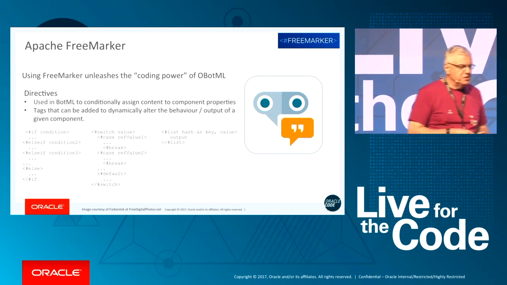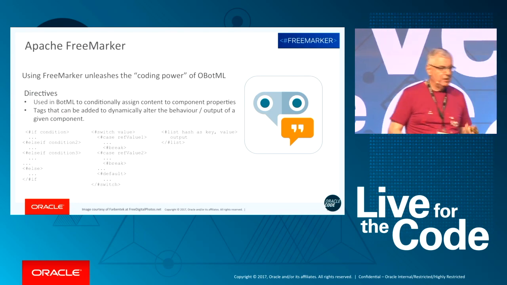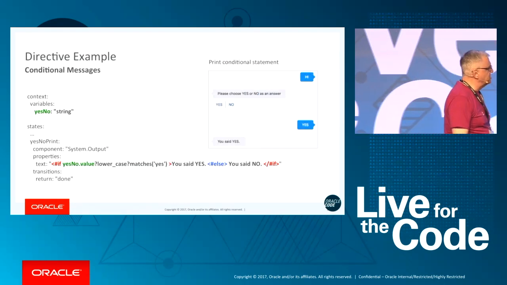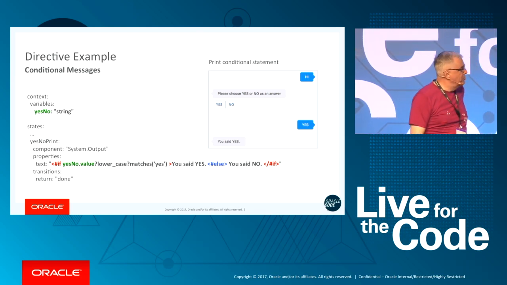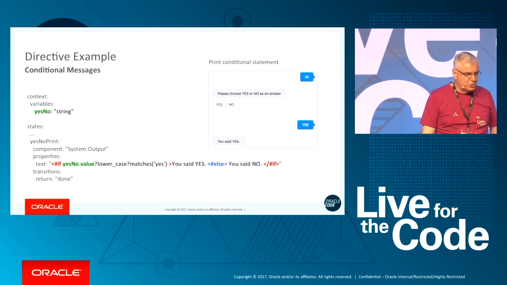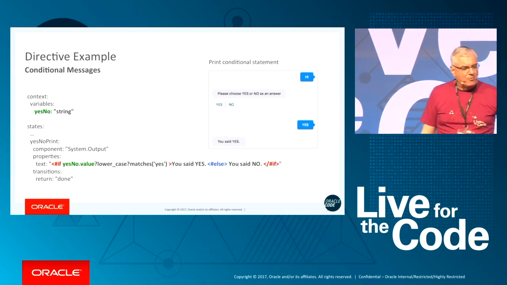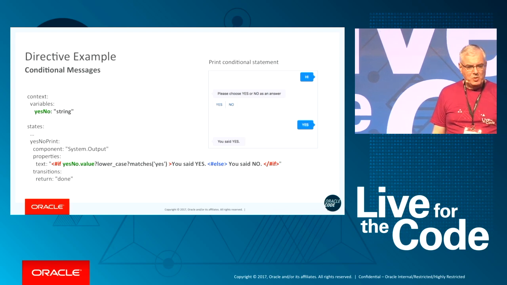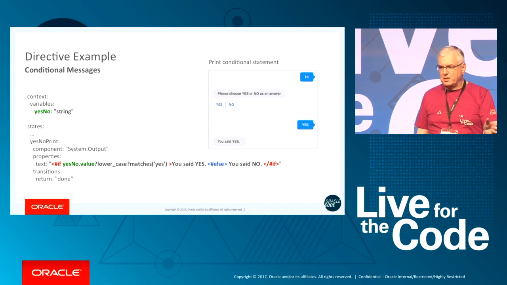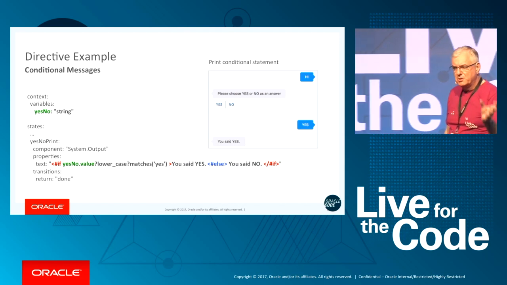So just an example here. We have a simple thing that says, hello, choose yes or no. If we follow along that highlighted line, we take the value of the button, we put it into lowercase, we match it against the word yes in lowercase, and if that's true, then we print out you said yes.